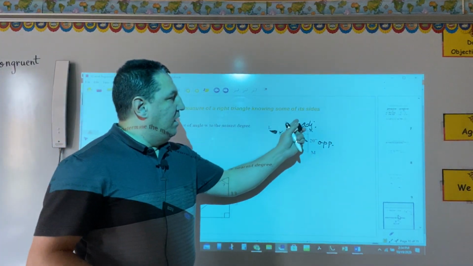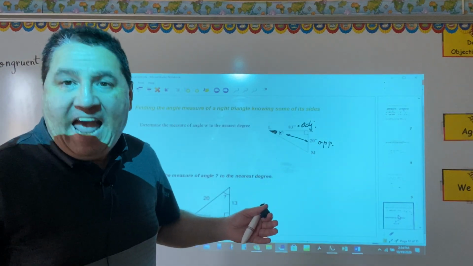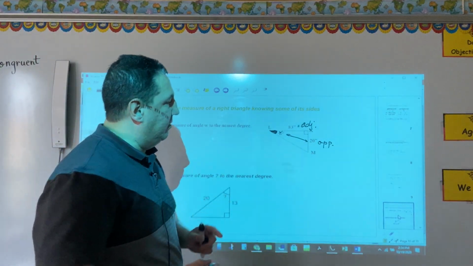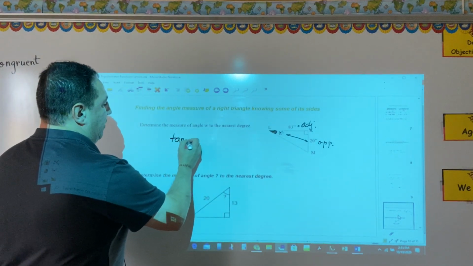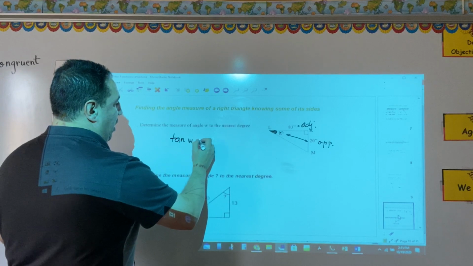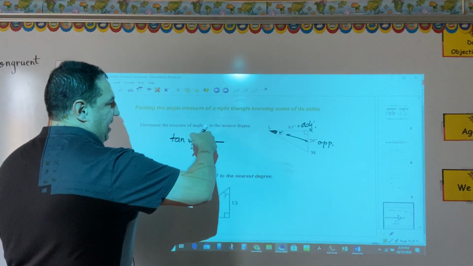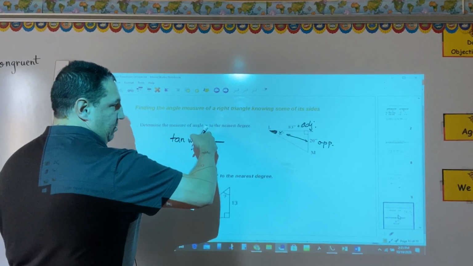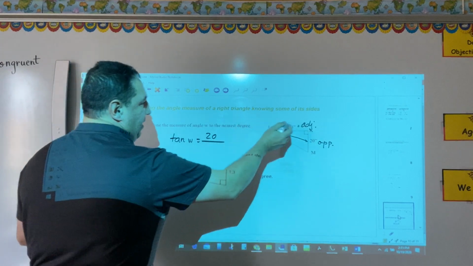Because these two sides are given, we use tangent of this angle. So we can write tangent of angle W would be equal, on top is opposite, which is 20, in the bottom is 83.